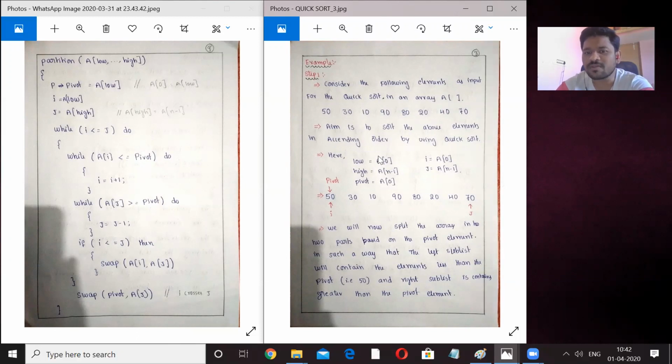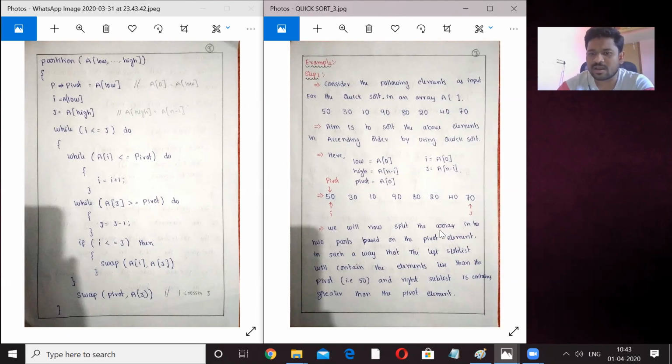Here, the first element, that is A[0], is going to be assigned to low as well as i as well as the pivot element. And the last element, that is A[n-1], is going to be assigned to high as well as j. I have chosen the pivot element as the first element, i is located at the starting element and j is located at the last position.